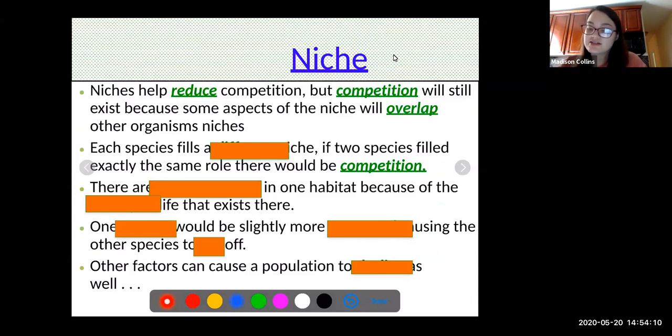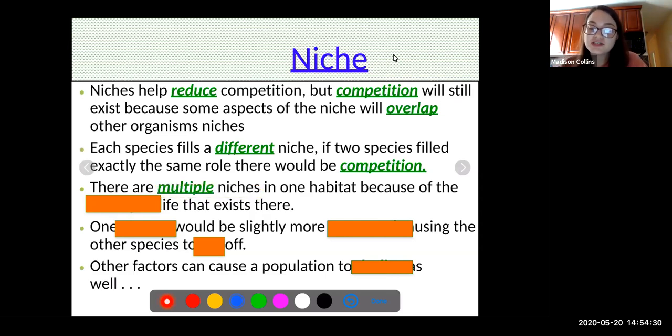Even though each species fills a different niche, if two species filled exactly the same role, there would be competition, because they would need to compete over the food or the places to live or those resources. Organisms would be competing over different things.